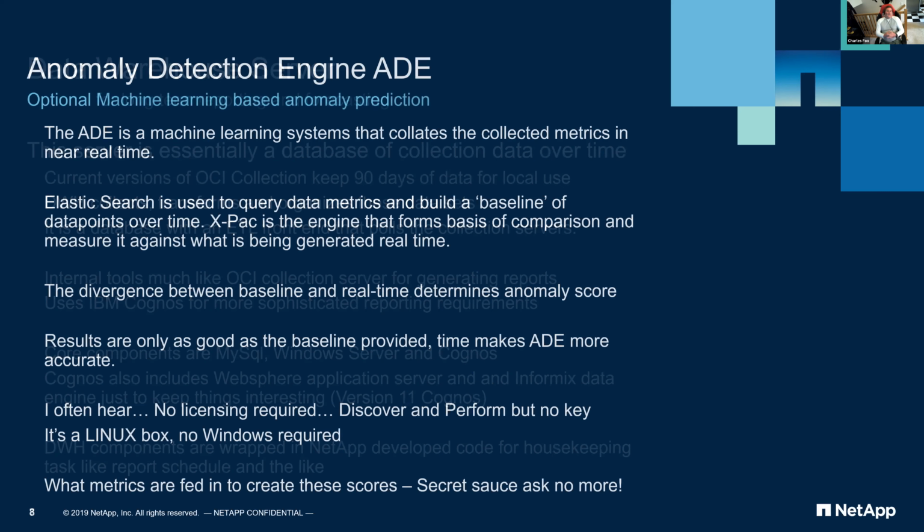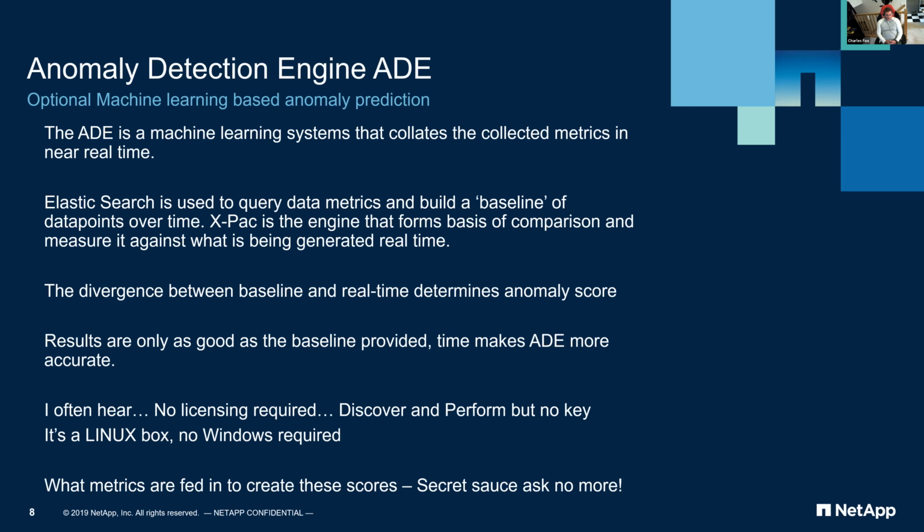The ADE, the Anomaly Detection Engine. This is an optional component that you can download, runs on a separate Linux box. It is a machine learning system that collates the metrics in near real time. What it's doing is it's looking at the OCI collection, the collection services, and it's taking that information and analyzing it in real time.